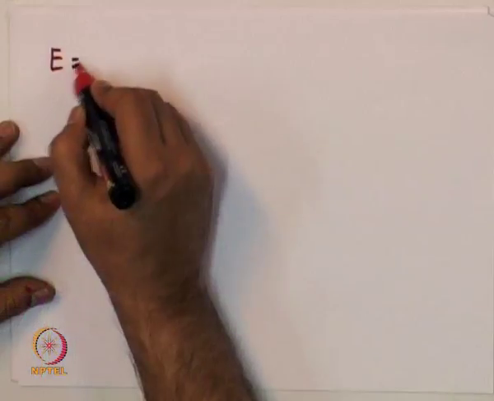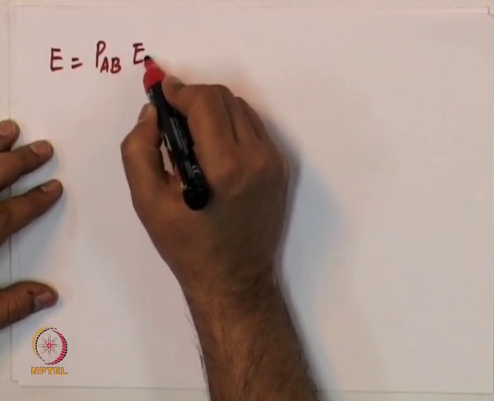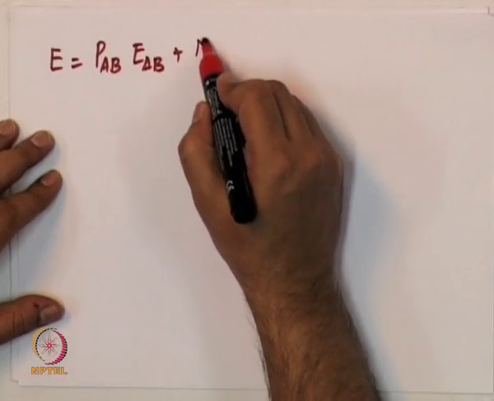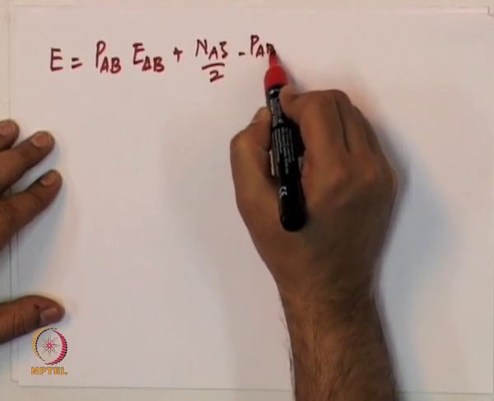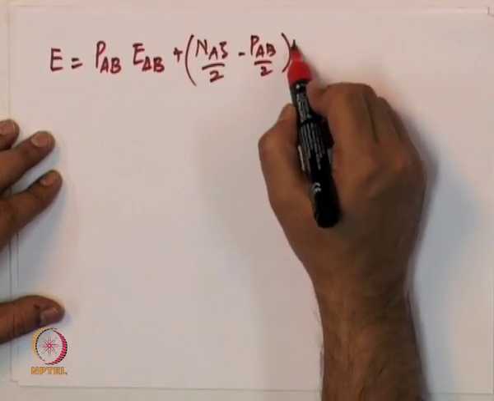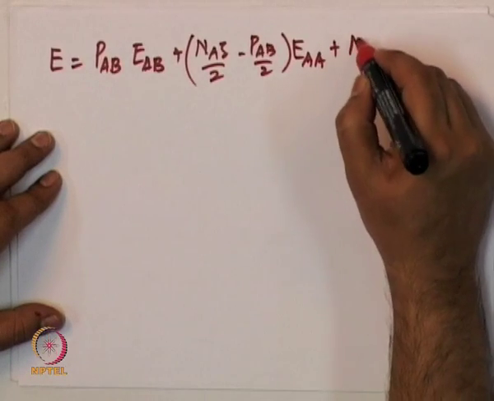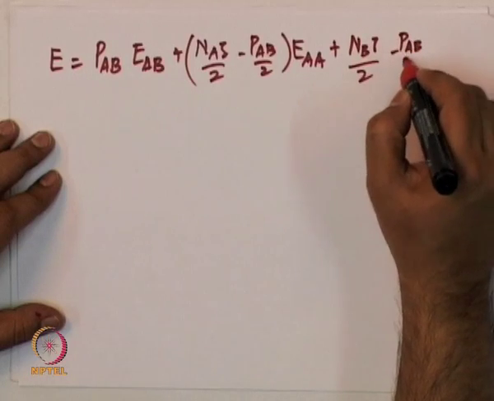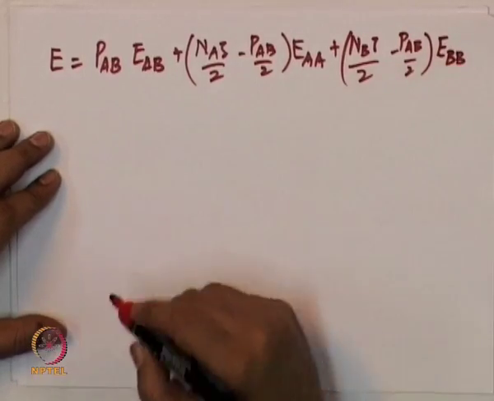I get E equal to PAB EAB plus PAA, which can be replaced by NA Z by 2 minus PAB by 2, multiplying EAA, plus NB Z by 2 minus PAB by 2 multiplying EBB.